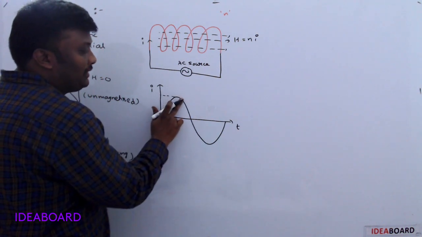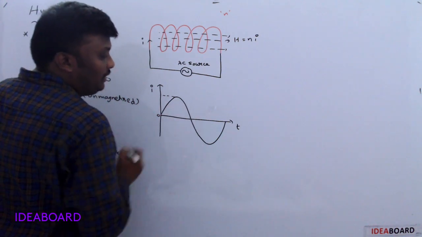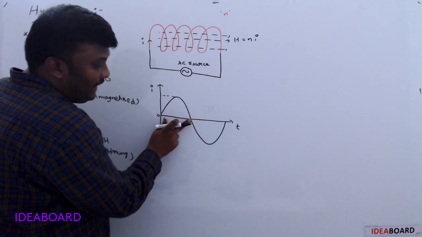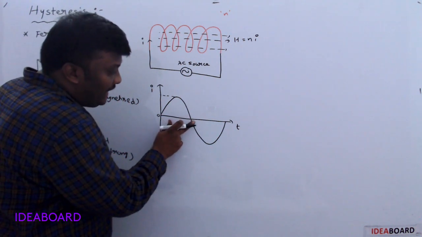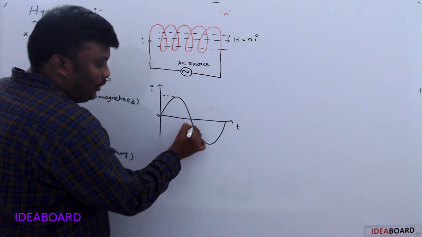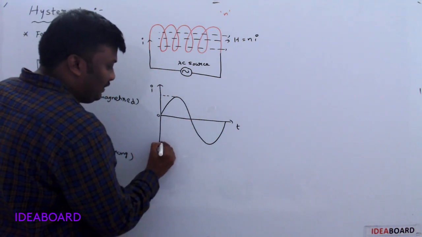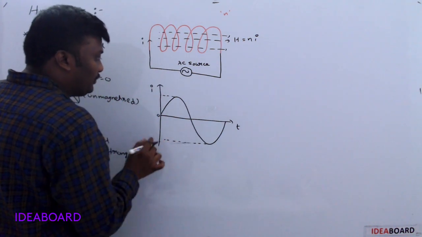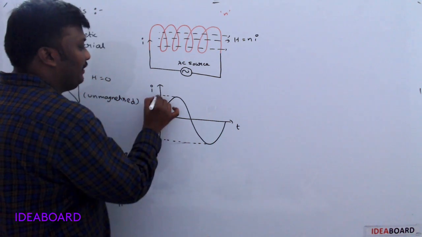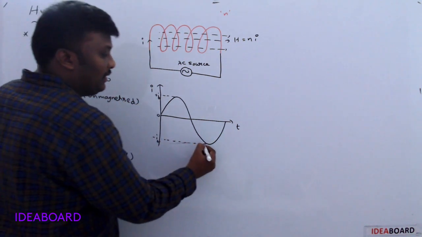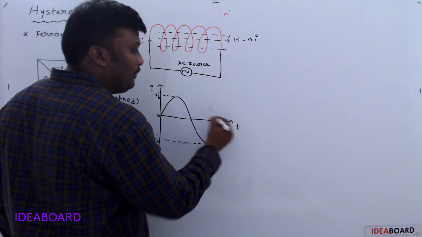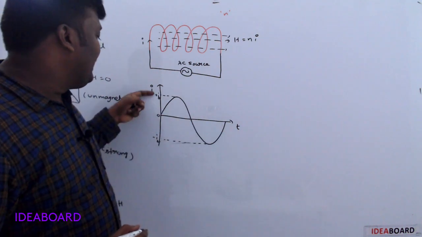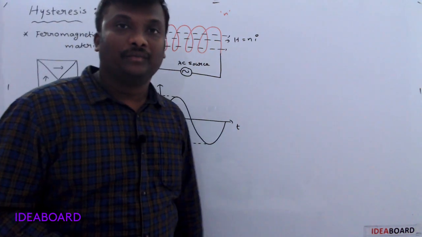After that the current continuously decreases, becomes 0 here, and during this half cycle the direction of current changes. It increases again, reaching a maximum value here but in the opposite direction. So here minus I naught, here plus I naught, and after that it decreases and becomes 0. So I oscillates between plus I naught and minus I naught.